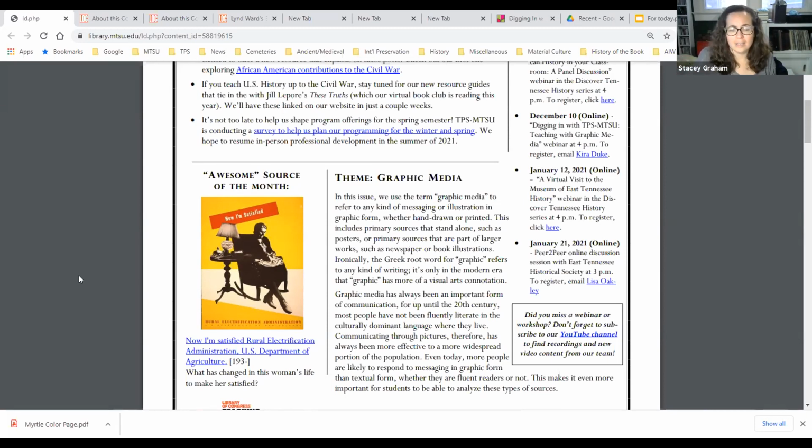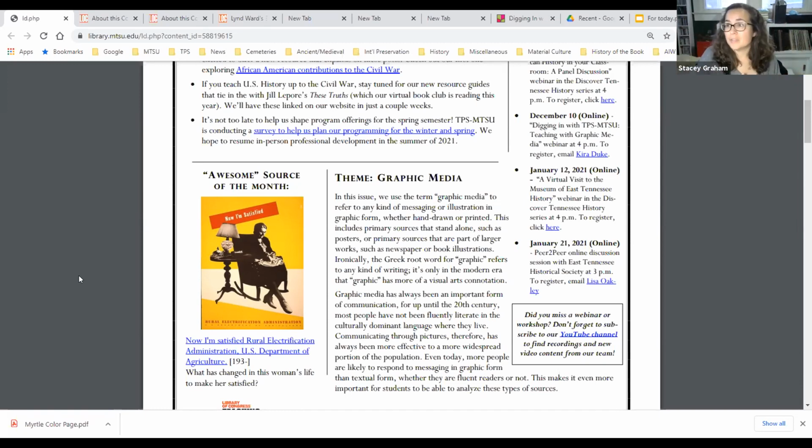Graphic media can be illustrations, posters, even photographs, if they're manipulated. Graphic media can be political cartoons and comic strips. It can be large scale illustrations and engravings.